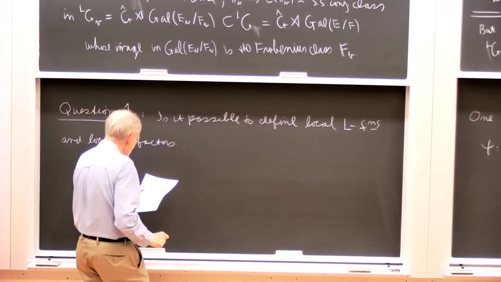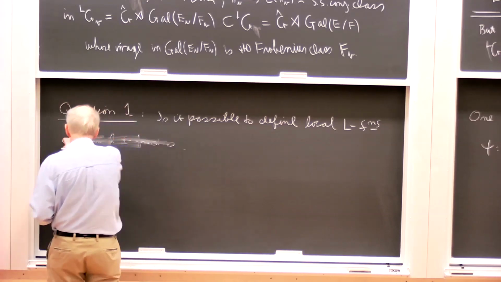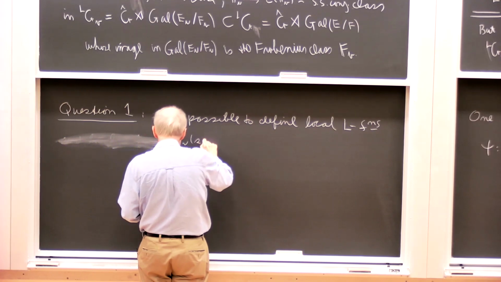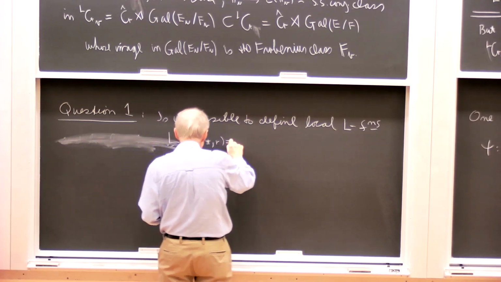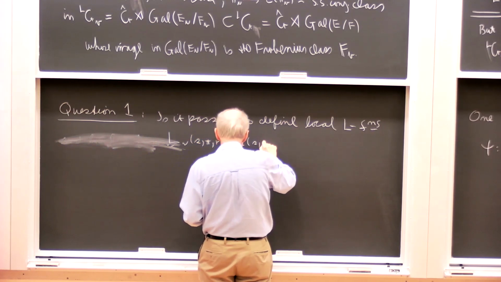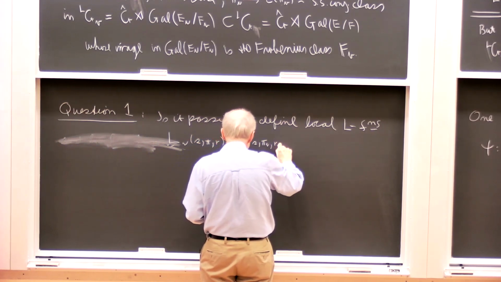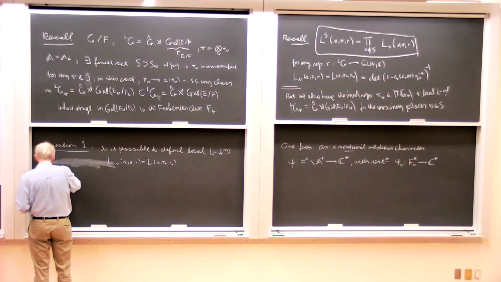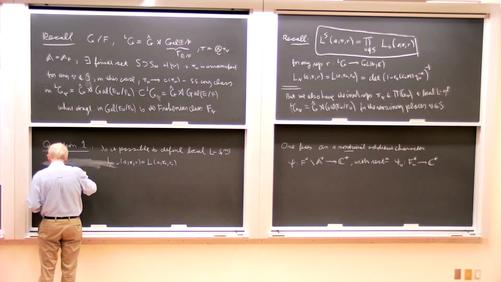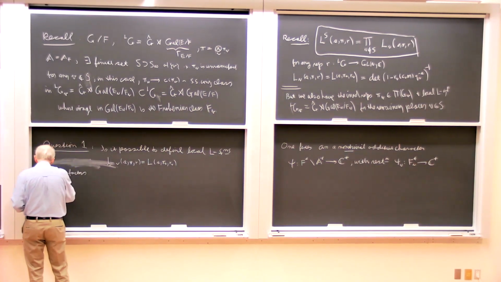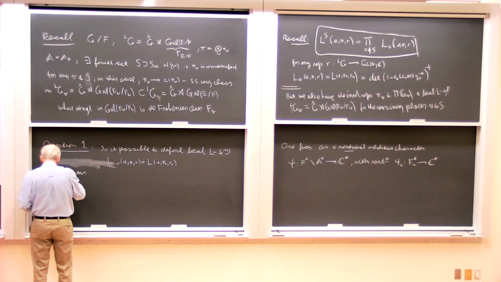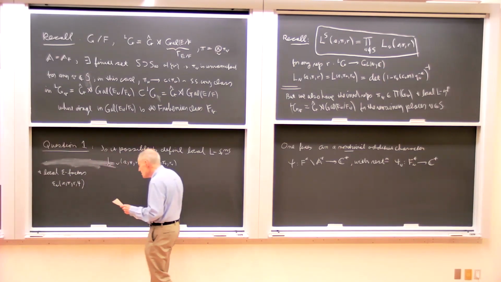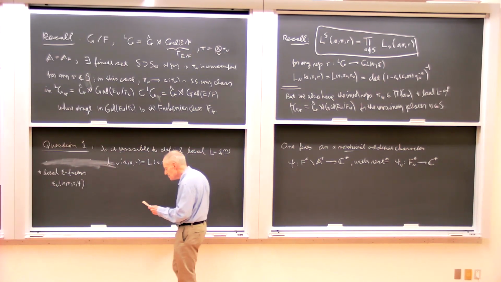So local L functions, I forgot a line here, L_v(s, π_v, r), and local epsilon factors, ε_v(s, π_v, r), and these are going to depend on the local additive character ψ_v.